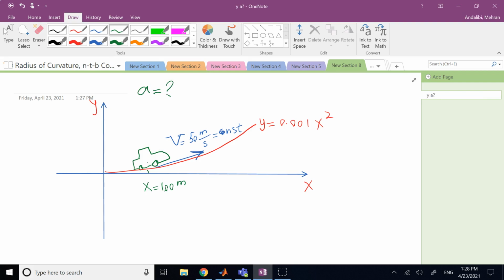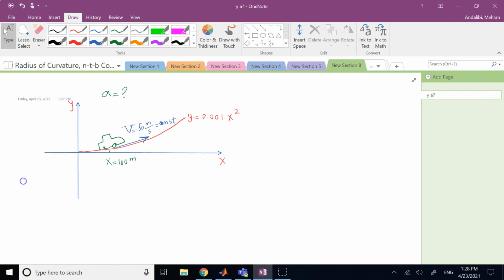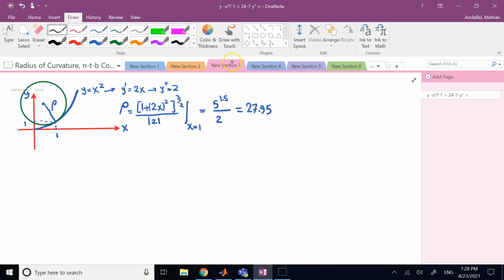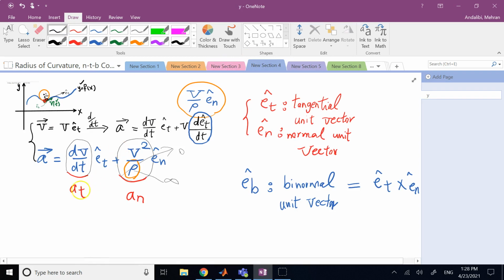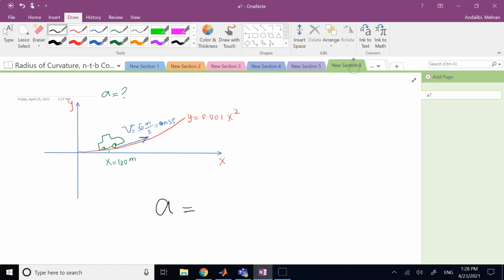If I tell you this, it's not really hard to do in NT coordinates, because all you need to do is write the magnitude of acceleration. Since it has two components, a t component and an n component, it comes from the square root formula.